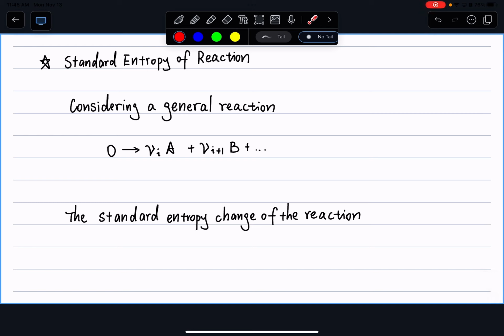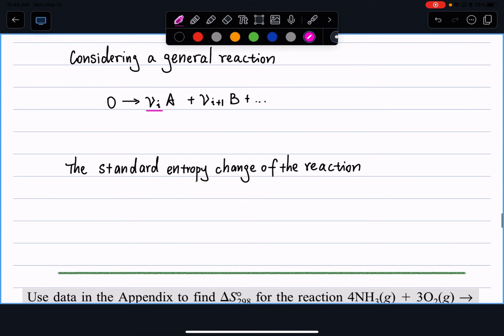So again, this one is similar to the standard enthalpy of reaction. Well, we have a general reaction. So in this case, you have 0 on the left-hand side. On the right-hand side, you have your stoichiometric coefficients, negative for reactant, positive for product, pretty standard.